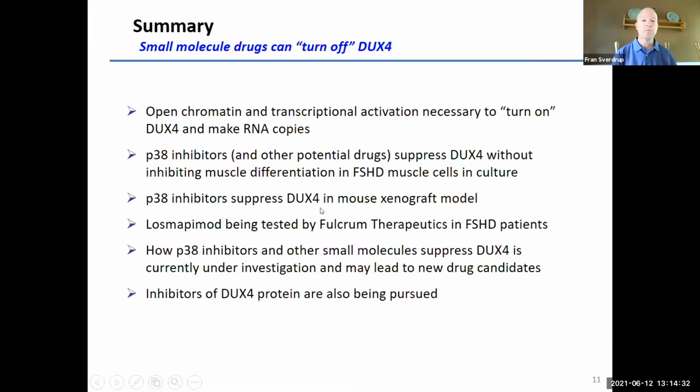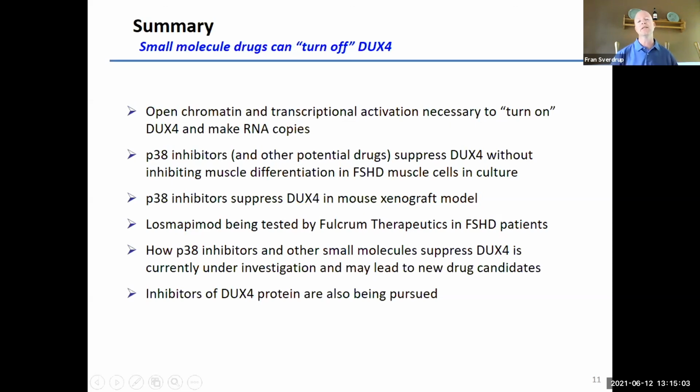So I'd just like to sum up that small molecule drugs can turn off DUX4. They do so potentially in many ways, as I mentioned in the last slide, by activating transcription factors and modulating chromatin. And having open chromatin to begin with is one of those necessary things to turn on DUX4.